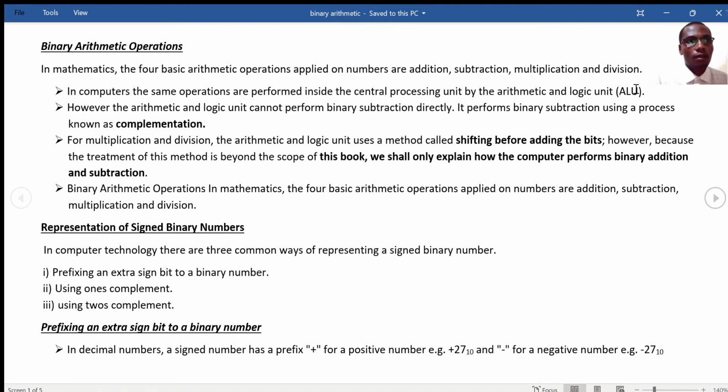For subtraction, it is not done directly. It is done by something we call complementation, which we are going to learn very soon. The division and multiplication are done by something we call the shifting before adding the bits method.